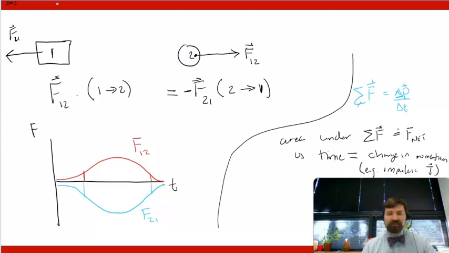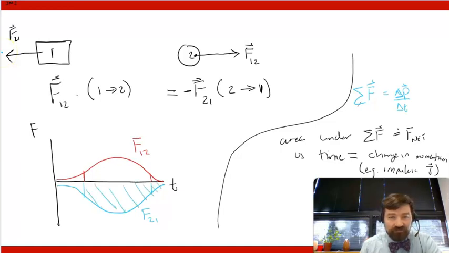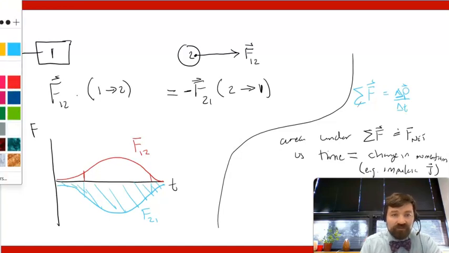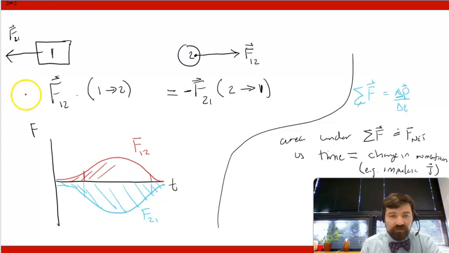So we come back down here and we notice that for all time, these two have equal values to each other and opposite signs. That means that for any period of time that we'd like, including the period for the entire interaction, these two areas are equal. So this area and this area are equal.